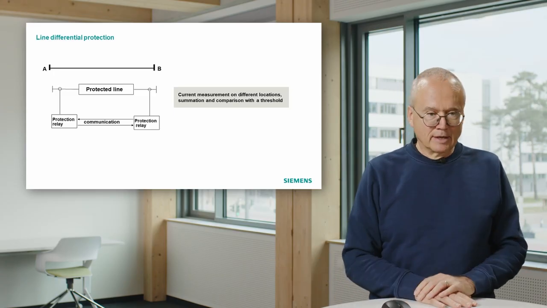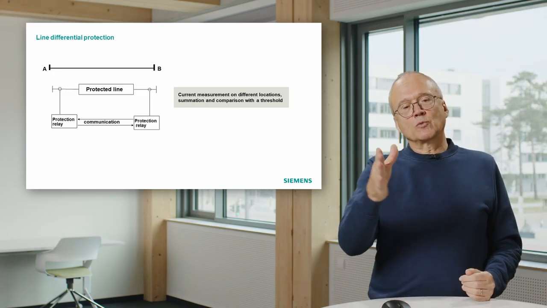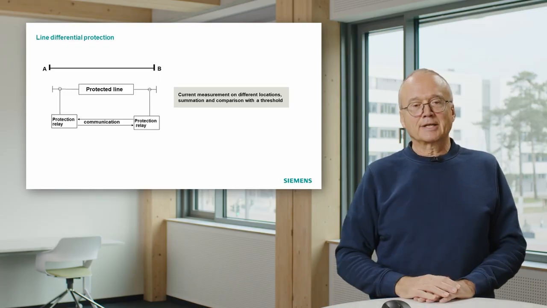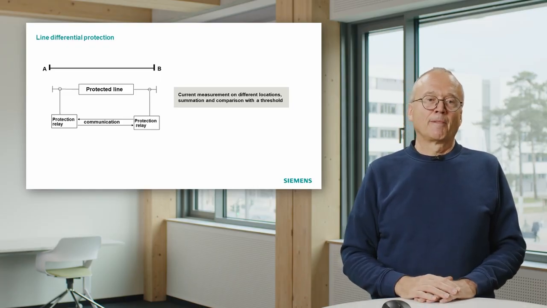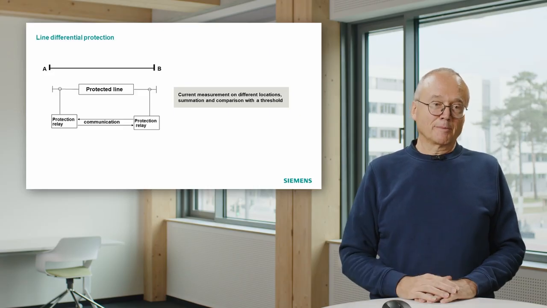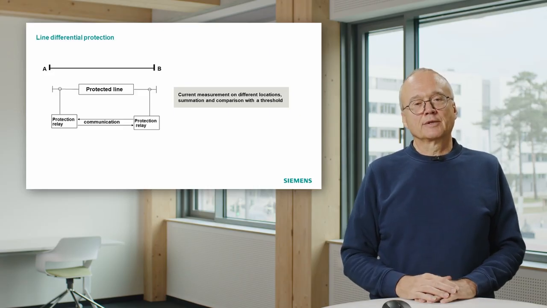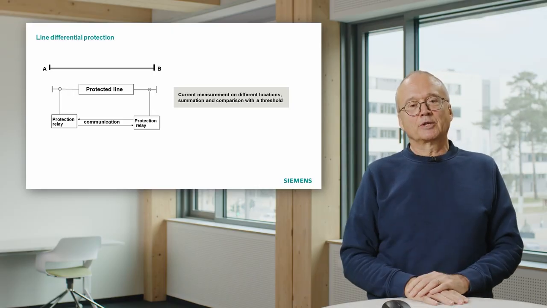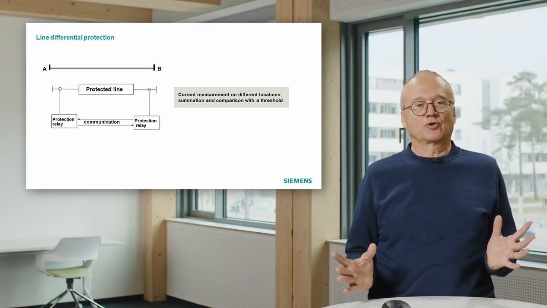For instance, discussing the question, can we use a company communication system for this data exchange? What about cybersecurity issues? Is it possible to hack into our devices if somebody gets access to this communication, and so on?